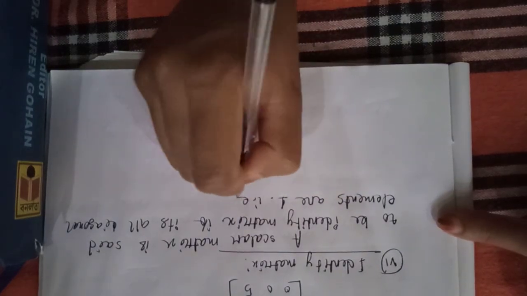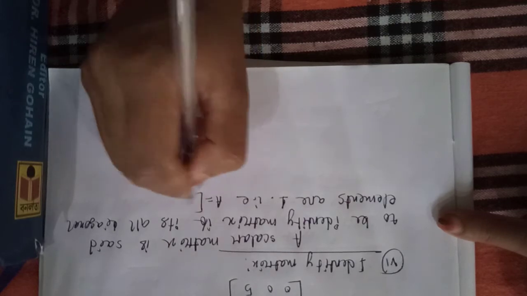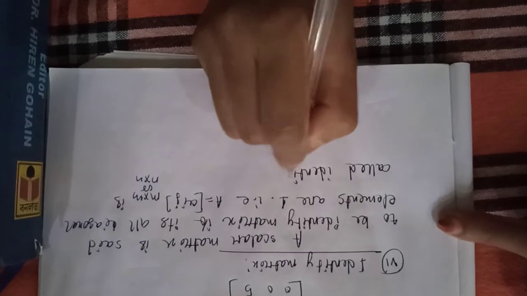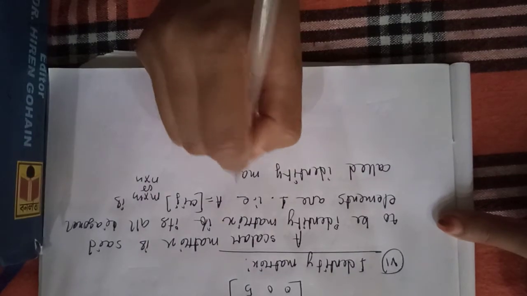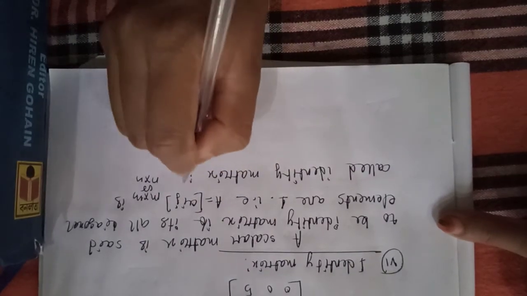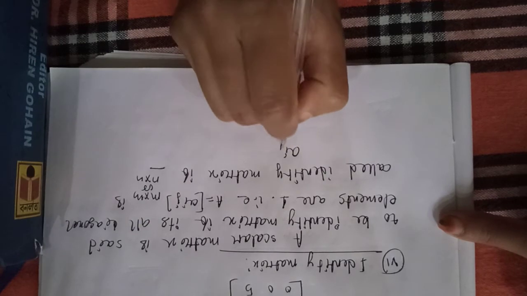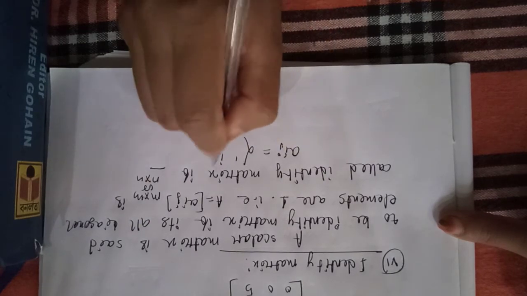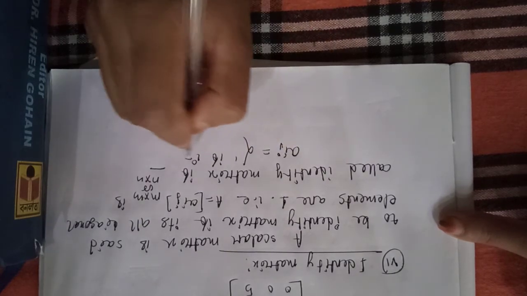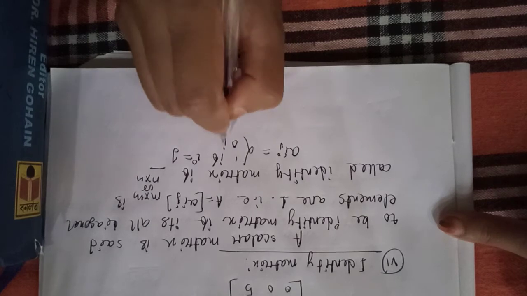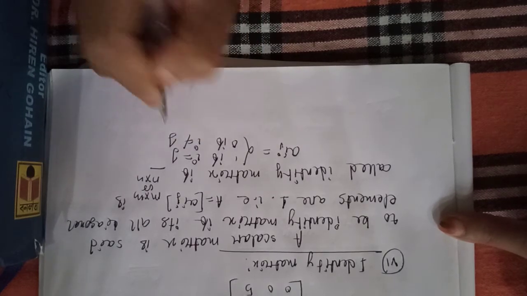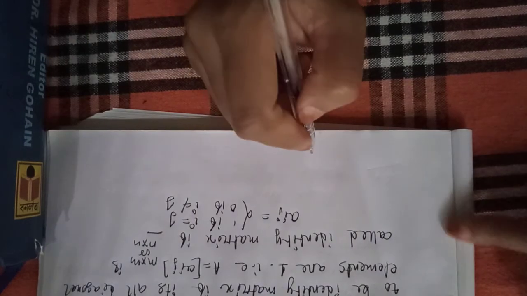That is, a matrix A equal to Aij of order m by n is called an identity matrix if Aij equal to 1 if i equal to j and 0 if i is not equal to j.